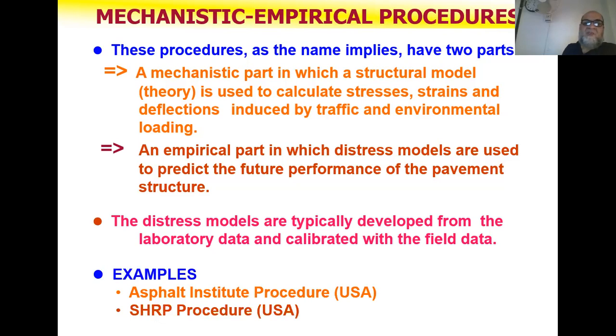Asphalt Institute procedure, SHRP. This is the Strategic Highway Research Program. It actually all started in 1987 and is now being developed. A special test performance has been developed. Other things have been developed, and most of the things have been modified to compensate for the unpredictable behavior of the asphalt pavement.